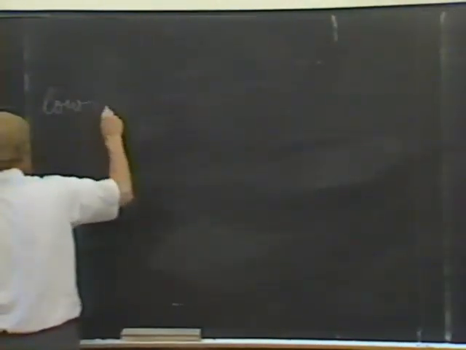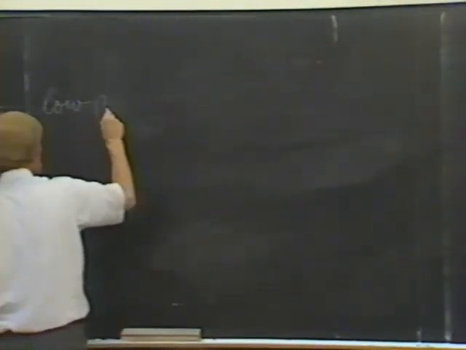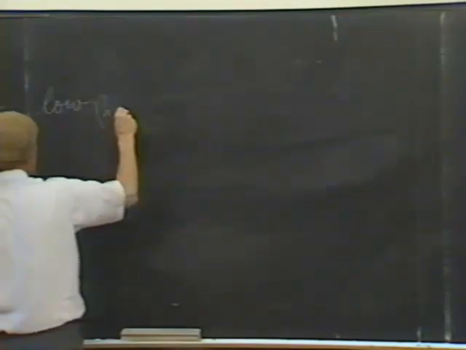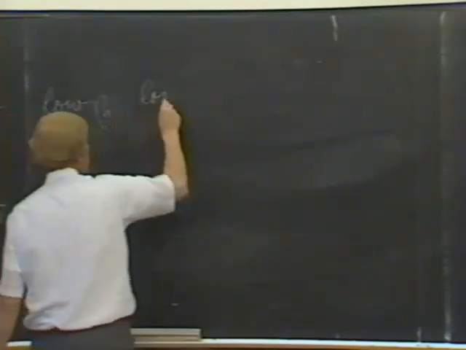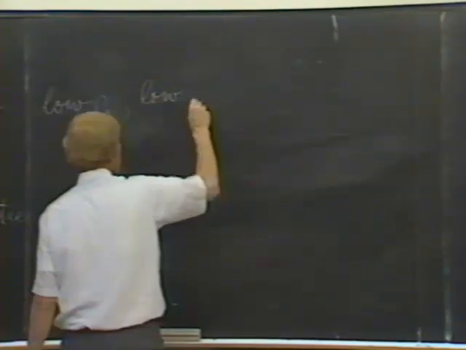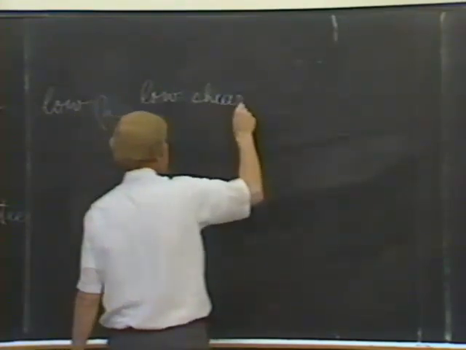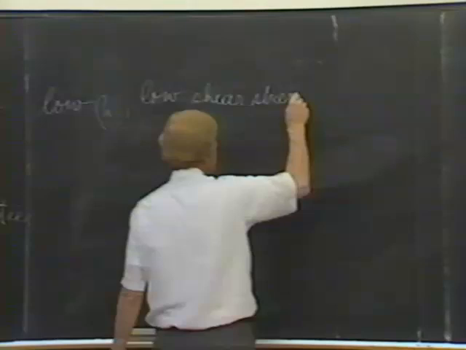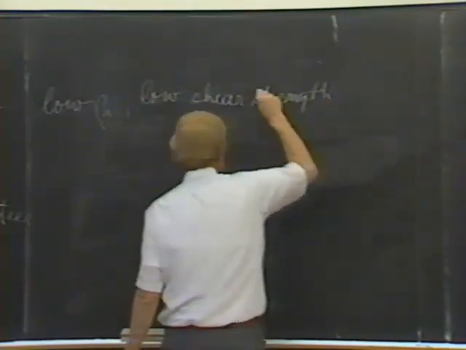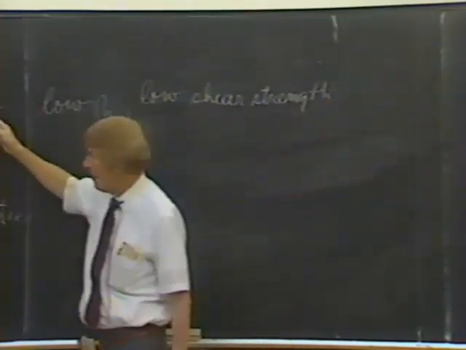I'll call it rho sub A for aggregates, low shear strength. And before I go on, I should point out that when this one is present, then you have both of these.